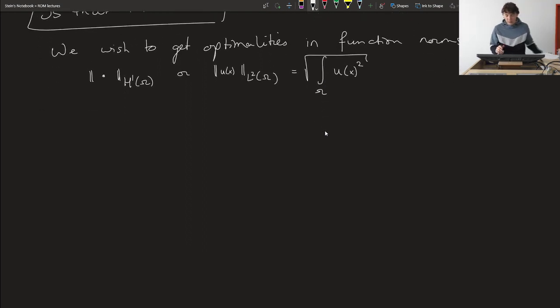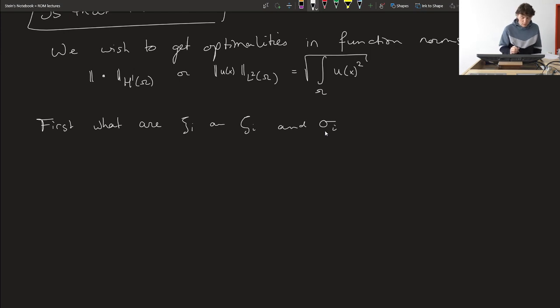Well, first, in order to understand where this might pop up, we have to understand what the SVD is doing a little better. So first, what actually are the vectors that we obtain, psi i and zeta i and sigma i? Well, we had names for those.